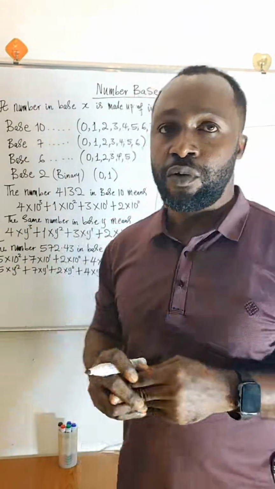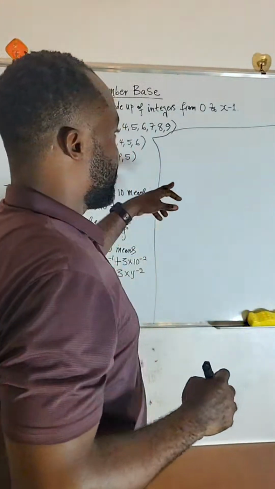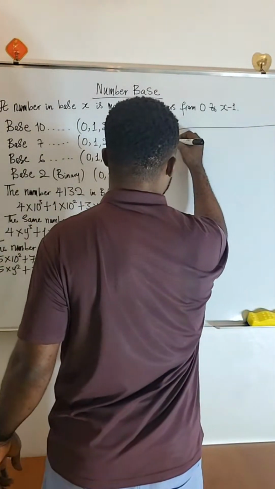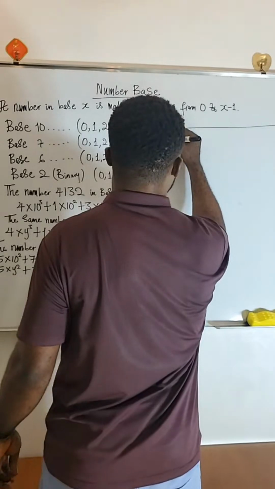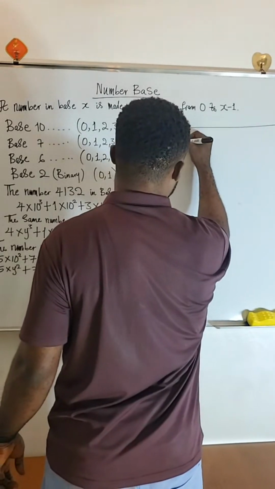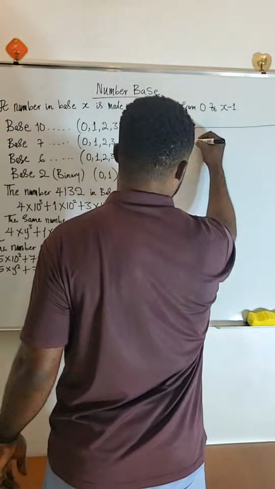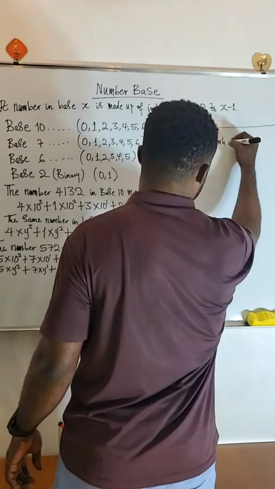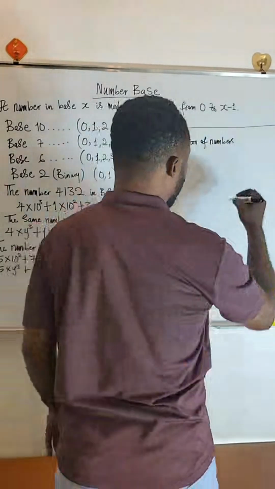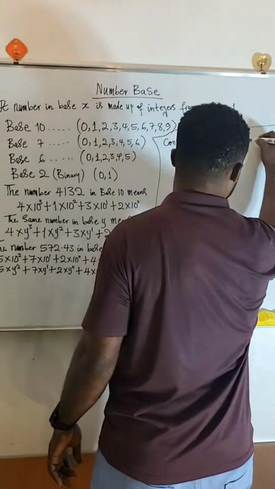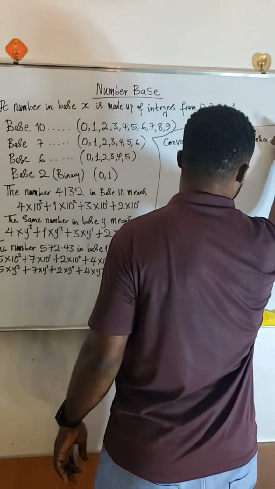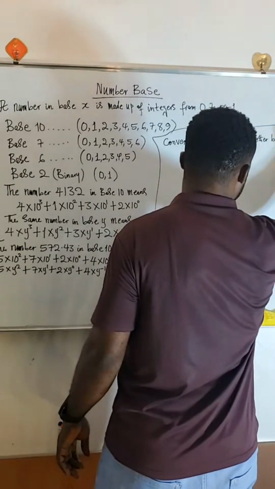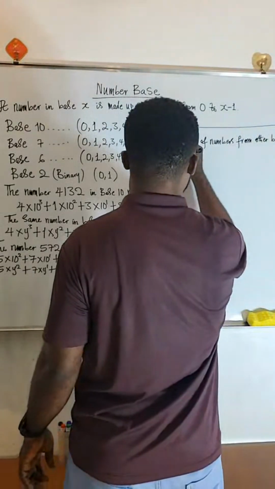All right? So, let's take, for example, a conversion of numbers from other bases to base 10.